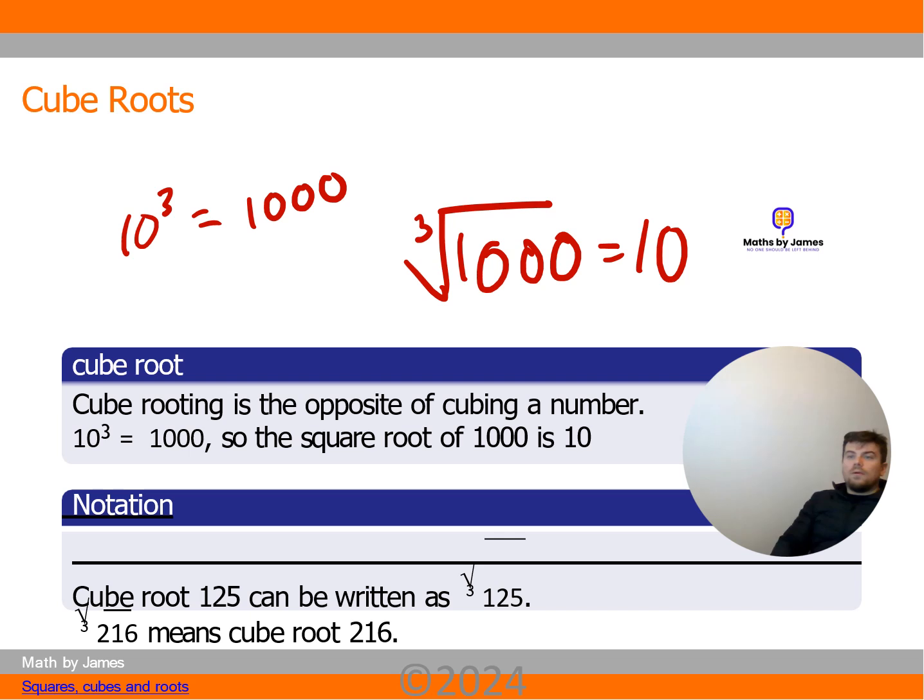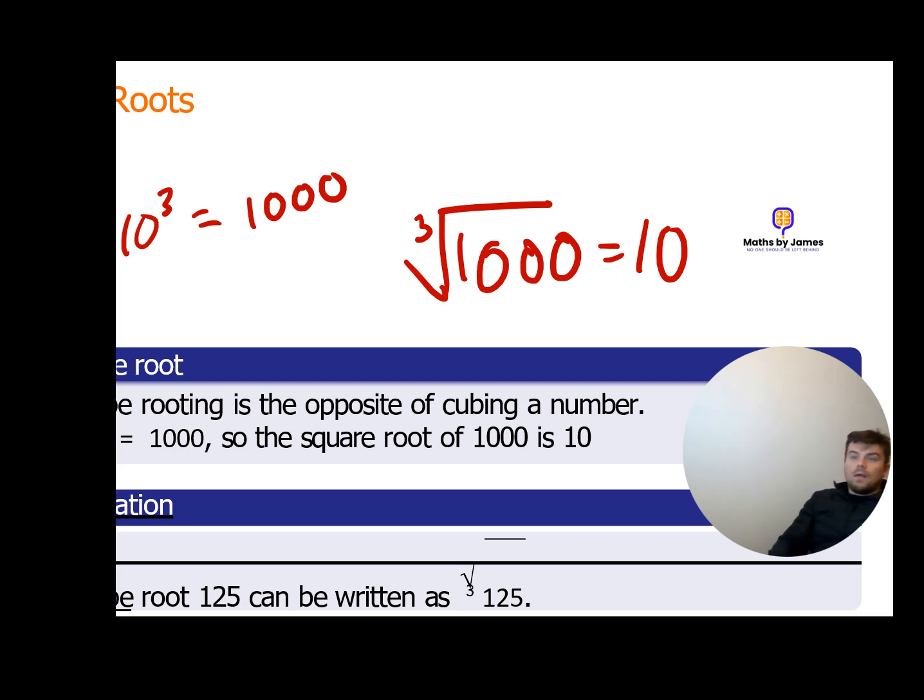The cube root of 125 can be written as the cubic root of 125, which is 5, because 5 multiplied by 5 multiplied by 5 equals 125. It's the opposite of 5 cubed.